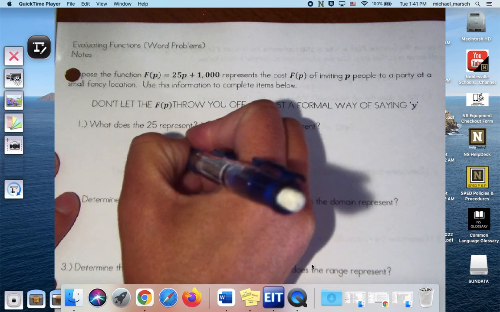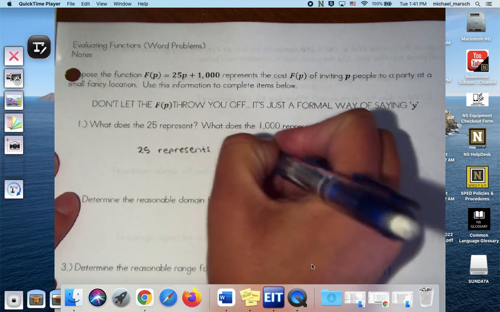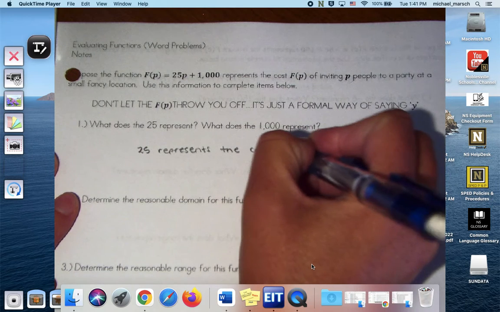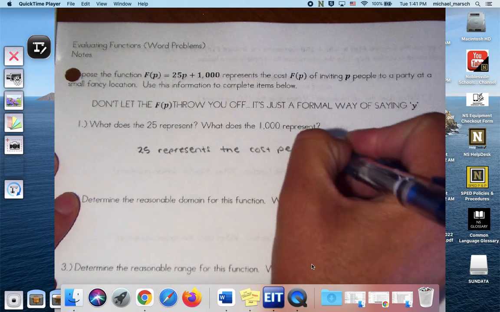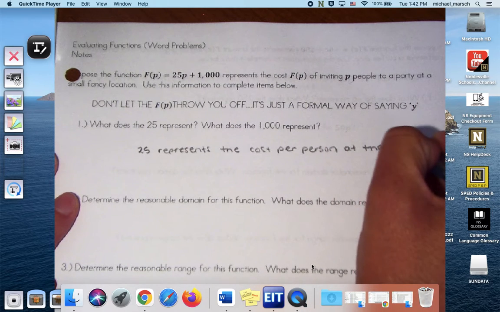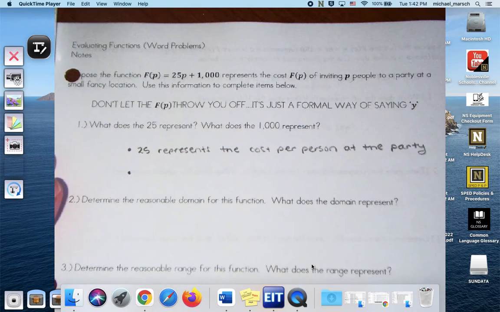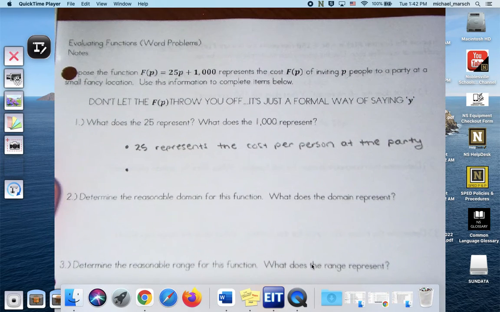25 represents the cost per person at the party. So what does that 1,000 represent then? Hayden? The other cost.